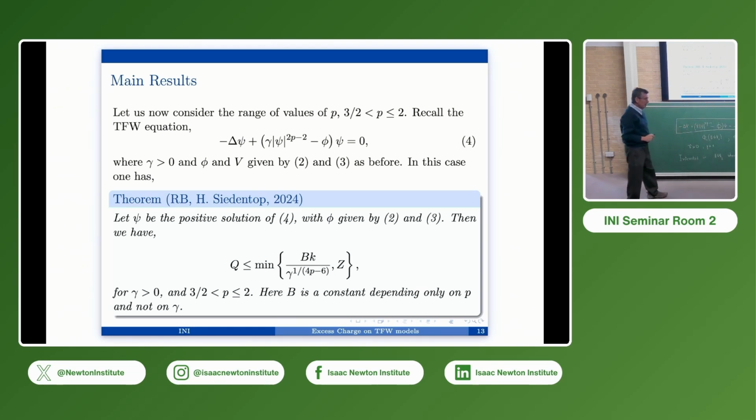And what is the rationale behind the proof? In the Thomas Fermi case, the gradient term is somehow a perturbation of the Thomas Fermi model. In the Thomas Fermi model, the maximum charge is always 0. There are no negative ions, and that's easy to prove.